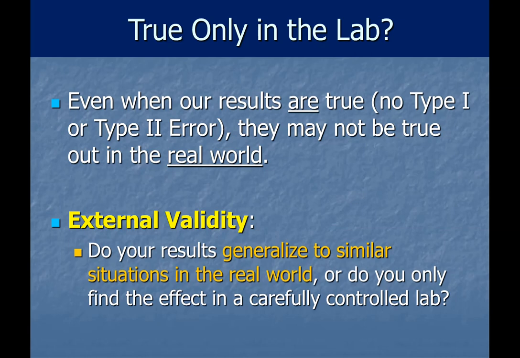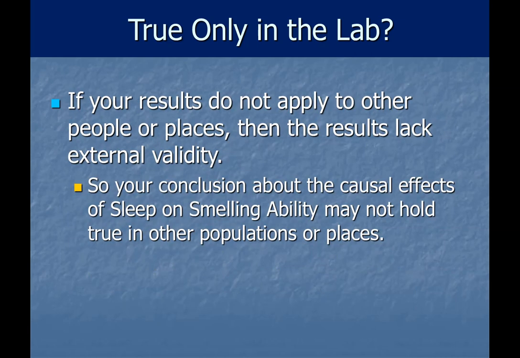Does that same kind of relationship between the variables hold when we go out into the real world and look at more complex or varied circumstances? So do you only find that effect in a carefully controlled lab, or will it actually show up everywhere? That's the idea of external validity.